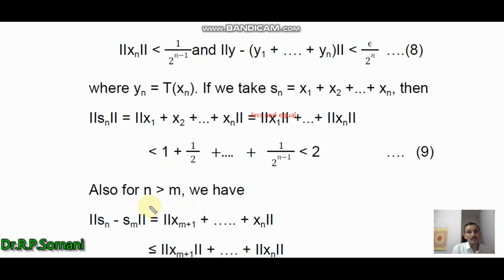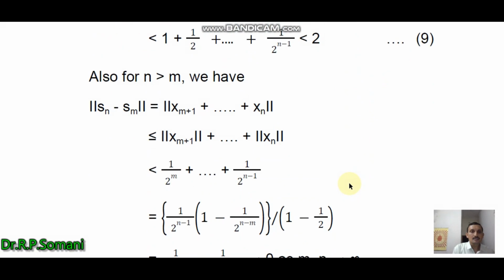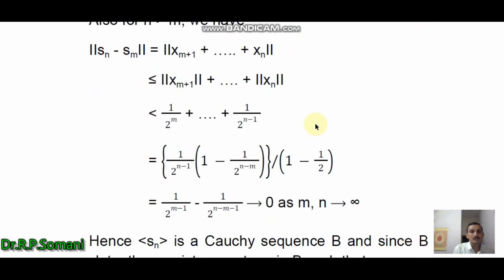Now also for n greater than m, we have norm of the Sn minus Sm equal to norm of the x m plus 1 and so on xn, and this is less than or equal to norm x m plus 1 and so on norm xn, which is less than 1 by 2 to the m plus so on 1 by 2 to the n minus 1.